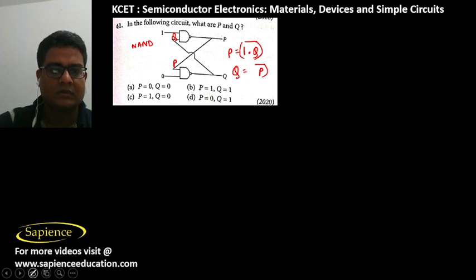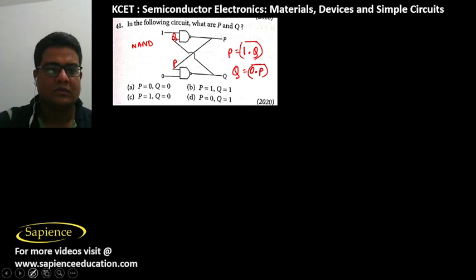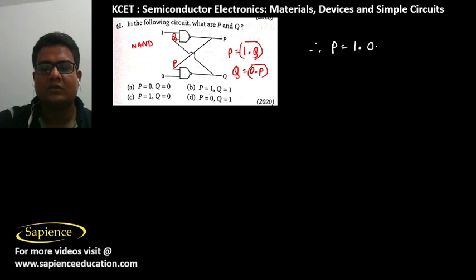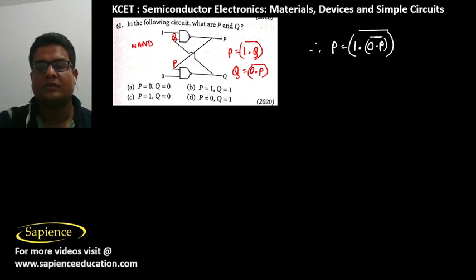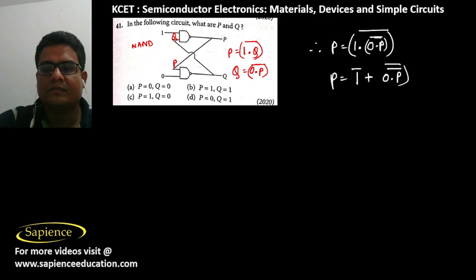Sorry, this is (0 and P)'. So therefore I can say that P is equal to ((1)' or (0 and P)')', and then it's again complemented. If we apply De Morgan's law, then this will be (1)' or (0 and P)''.